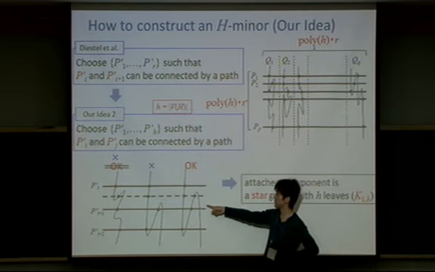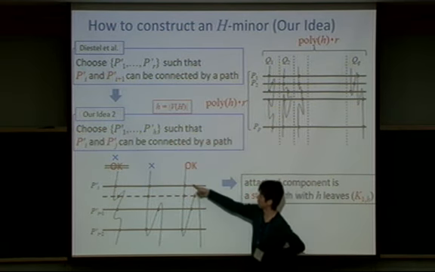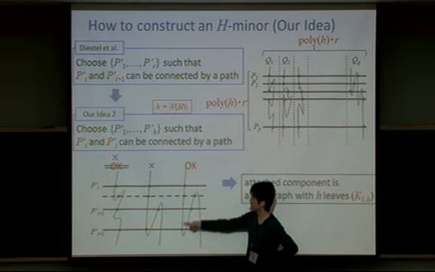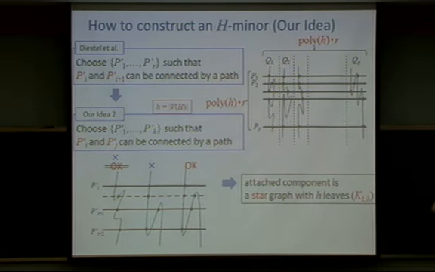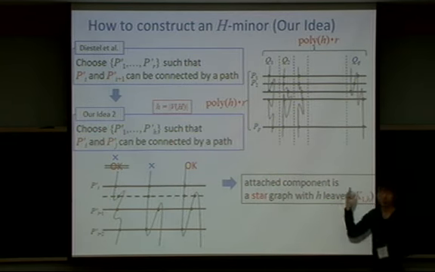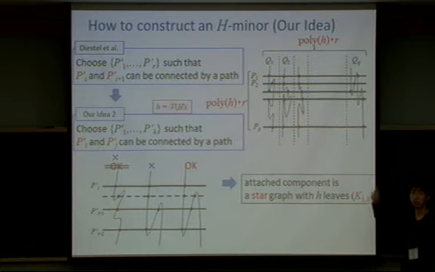On the other hand, this case is okay because we can connect Pi and Pi plus 2 by using this path. Okay. So roughly speaking, in the original proof, the attached component is a path. On the other hand, in our case, the attached component is a star graph with H leaves, so K1,H. Okay. So this is our second idea.